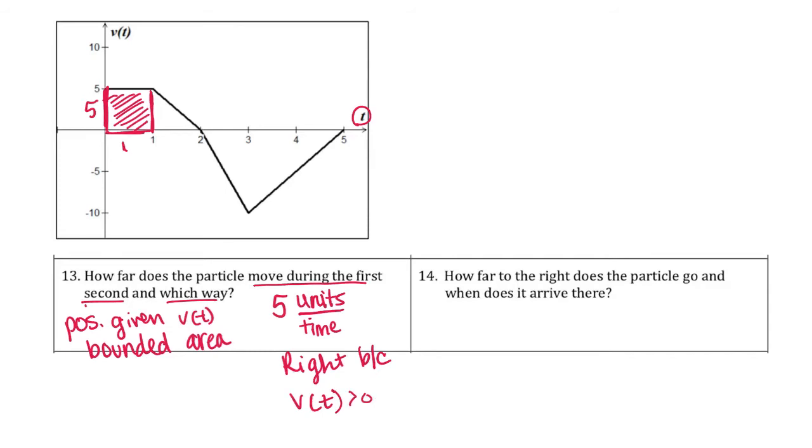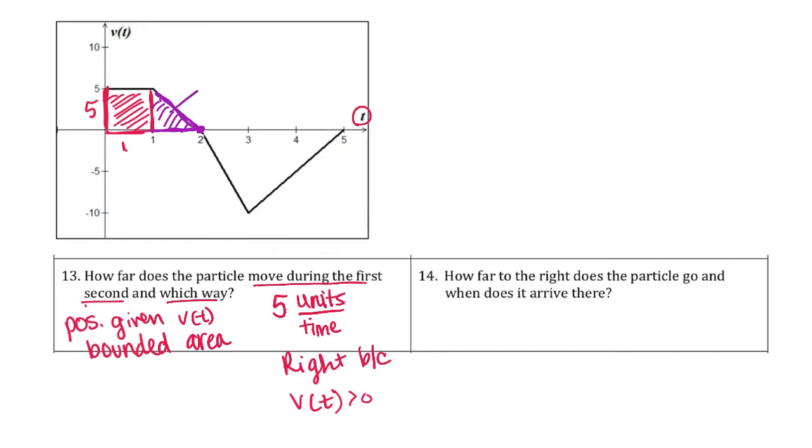Okay, now let's look at number 14. Number 14 asks us, how far right does the particle go, and when does it arrive there? Well, we already know that the particle is traveling to the right 5 units after 1 second. And so notice that our particle continues moving to the right until it gets to 2. That's where we said the particle changes direction. So we now need this bounded area. That's going to be the area of a triangle.